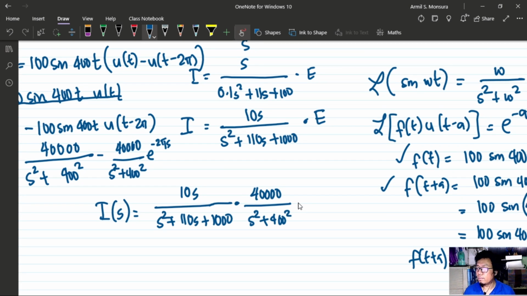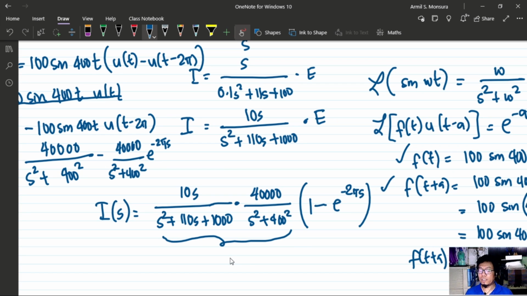Now let's have this first as 1 minus e raised to negative 2 pi s. We express I of s in this form because we would like to get the inverse Laplace transform of this one, of that factor.